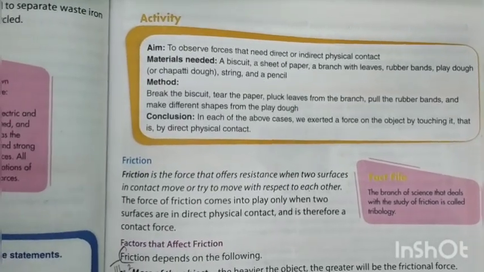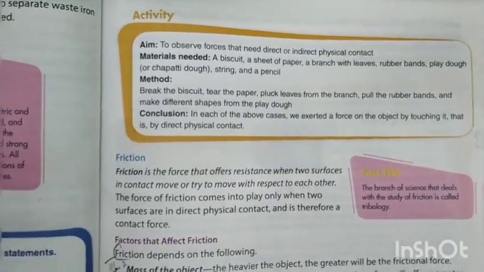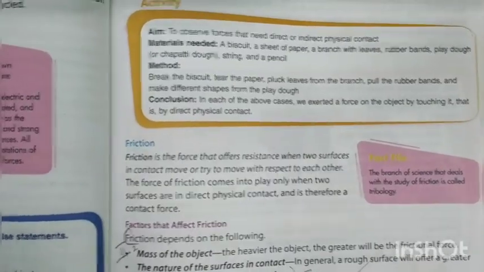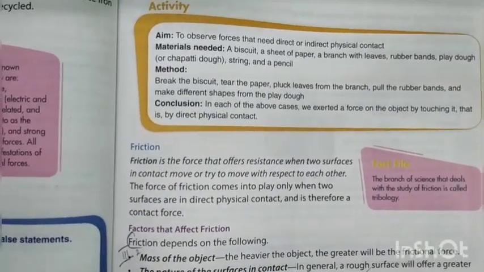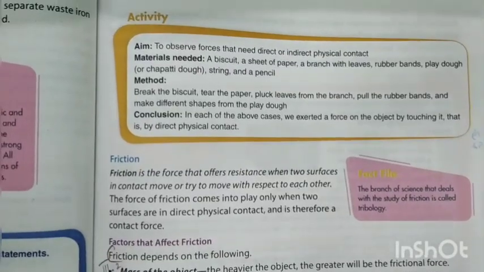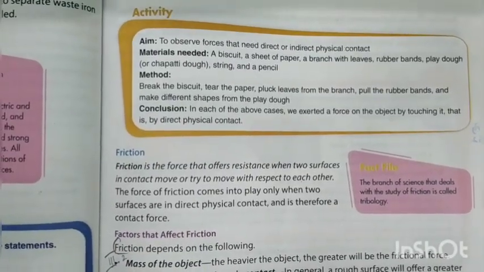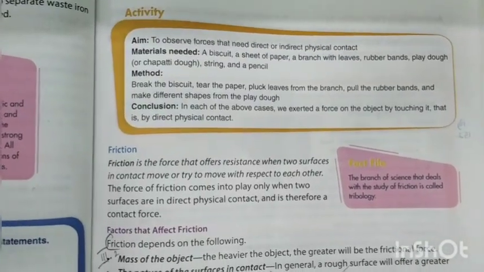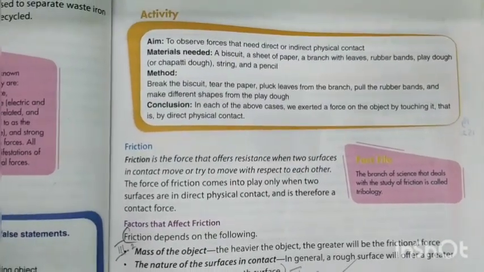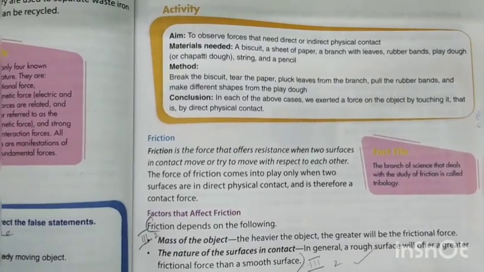First of all, take all the objects. Now, break the biscuit and tear the paper. Then pluck the leaves from the branch. Next, you pull or stretch the rubber band and make different shapes using the dough or chapati flour.